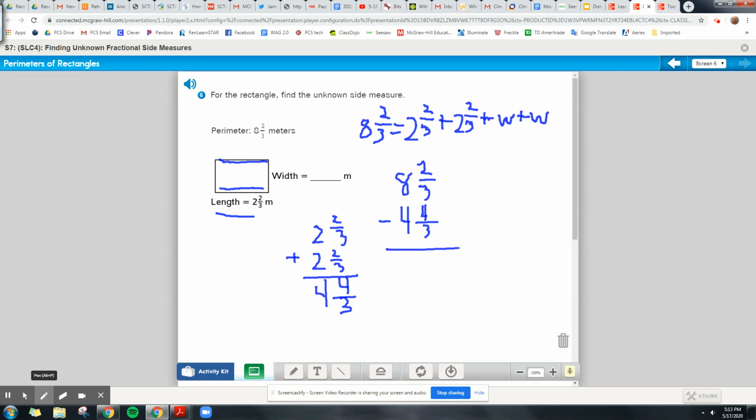Okay, can't subtract 4/3 from 2/3, so I have to borrow 1. And then since I borrowed 1, that's 3/3. 1 is the same as 3/3. So I'm going to add 3/3 to 2/3, which is going to be 5/3. So 5/3 minus 4/3, 1/3 is left. And 7 minus 4 is 3. So 3 1/3 has to equal W plus W.